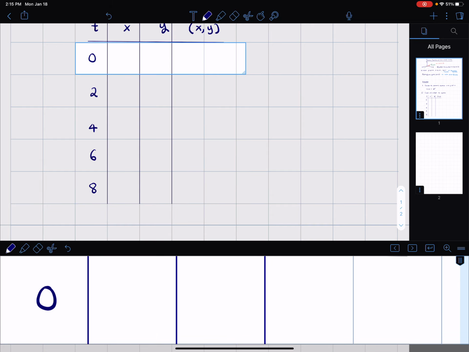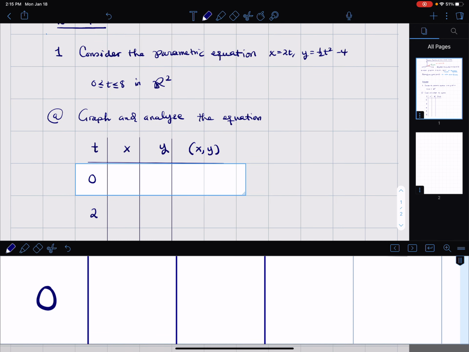Well, I might even stop before 8, depending on how I feel. So x is 2t. When t is 0, x is 0. When t is 0, y is 1/2 t squared minus 4, so it's minus 4. So we have the point 0, -4.